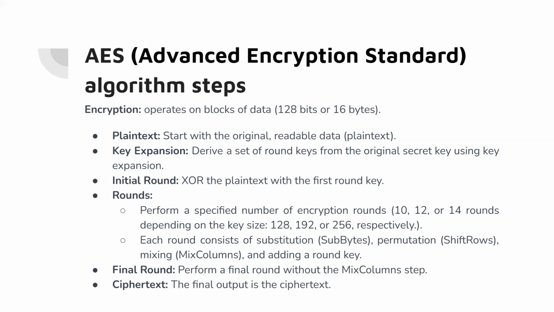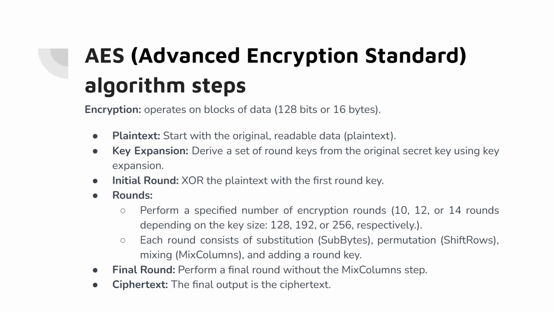After the key expansion process, there's the initial round, which involves XORing the plain text with the first round key, initiating the encryption process. Then there are many rounds of encrypting this message, depending on the key size, which can be 128, 192 or 256.